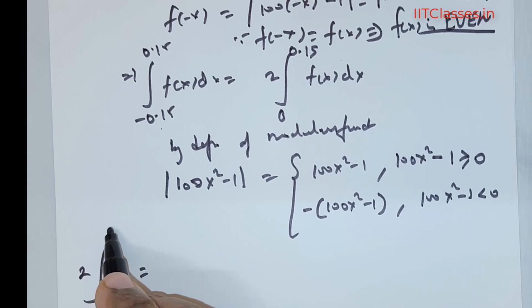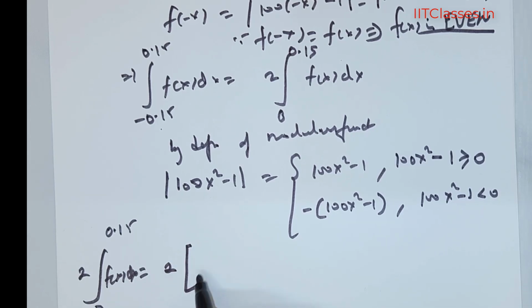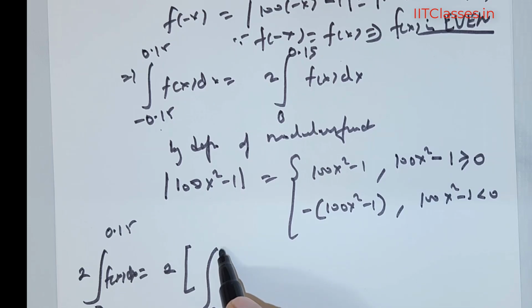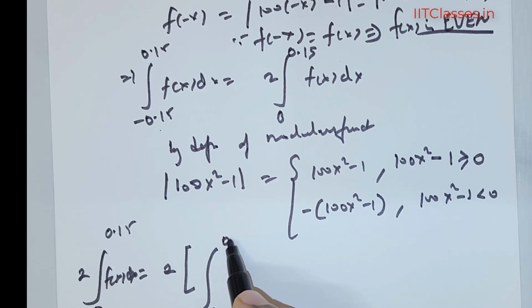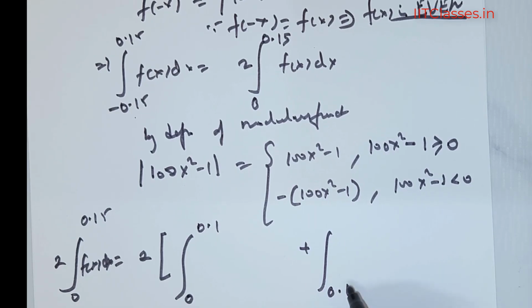So 2 times the integral from 0 to 0.15 of the function f of x dx will be equal to 2 times the integral. The first split is going to be based on the value 100x squared minus 1, so the split is going to be 0 to 0.1, and 0.1 to 0.15.